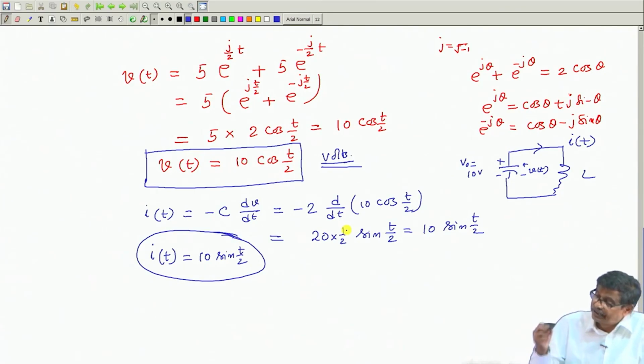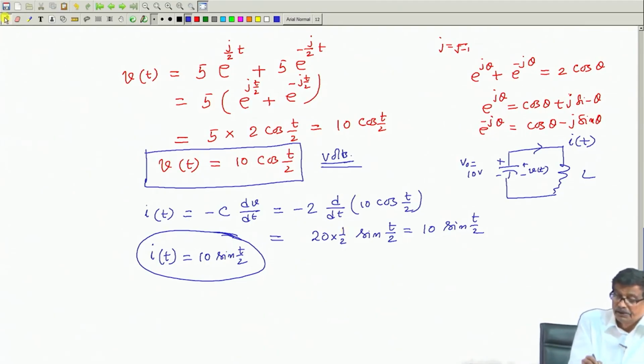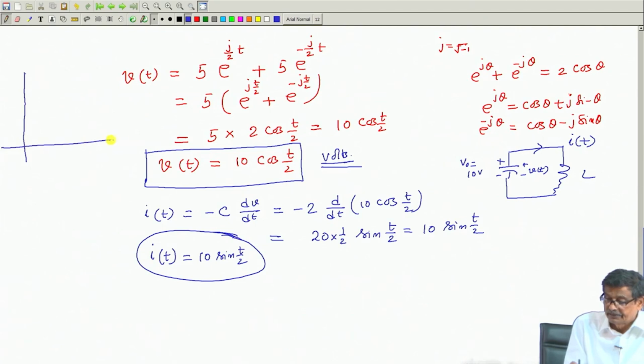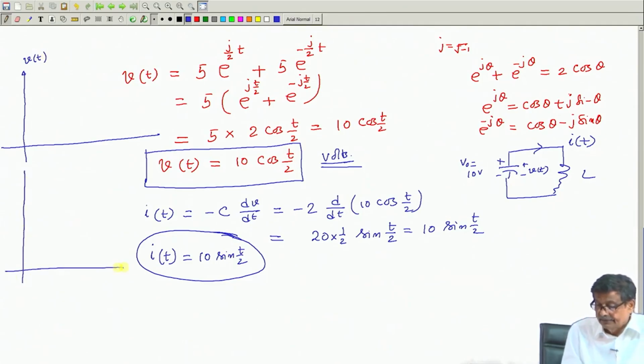So, if I now sketch these two things, what will be the nature of the solution? I want to sketch the capacitor voltage Vt and the current in the circuit It.